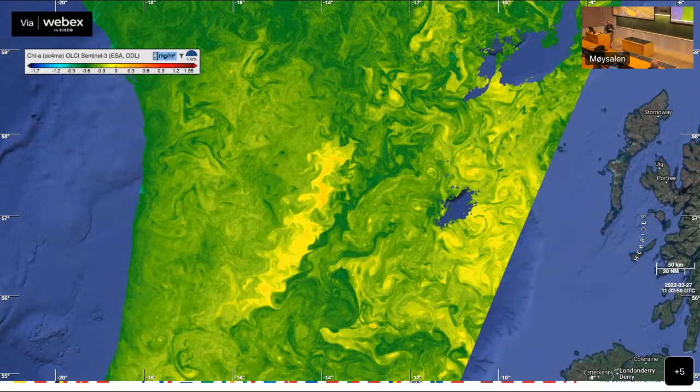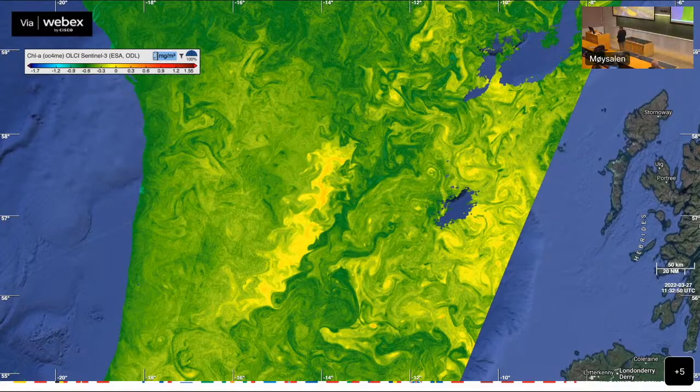And this is the equivalent ocean color image. These are both satellite data from Sentinel-3. And again, you see these structures all over the place, with light, high concentration chlorophyll in the reddish, and dark green, low concentration chlorophyll.